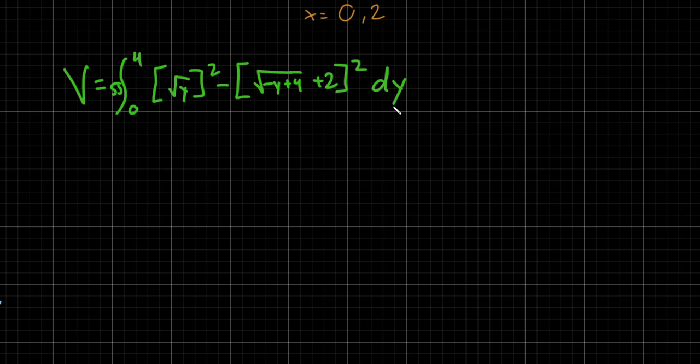And then we squared that one, and this is in terms of dy. Yes? Okay. What did we do next? Square each one. Riley, what did you get when you squared the first function? Okay.